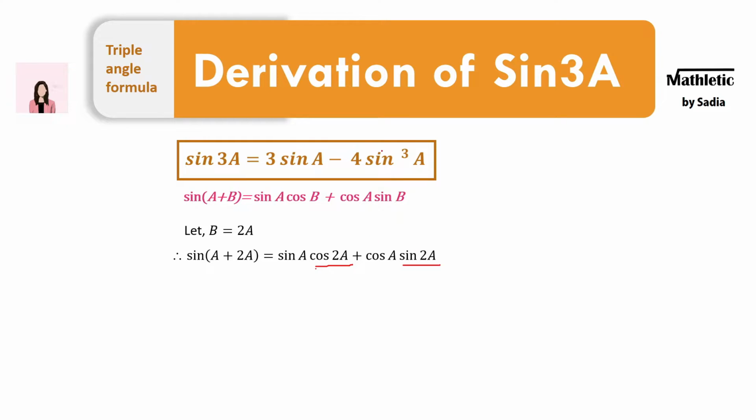But in this triple angle formula, the answer has to be in terms of sine A only, as in we cannot keep the double angle formulas here. So we need to replace this sine 2A and cos 2A using their double angle formulas.